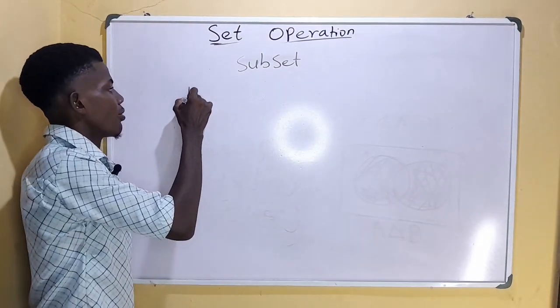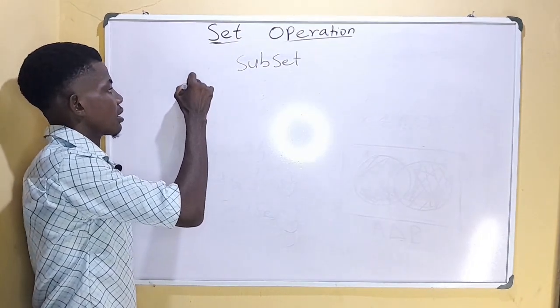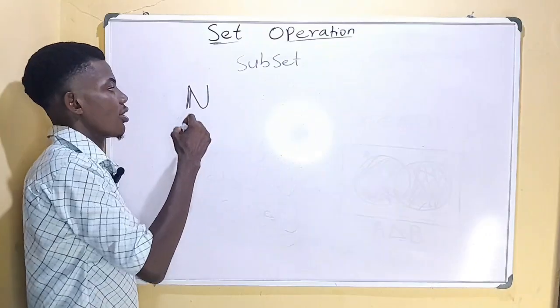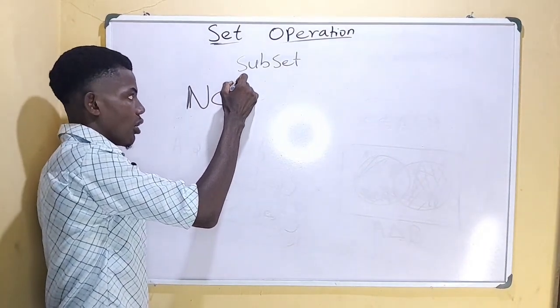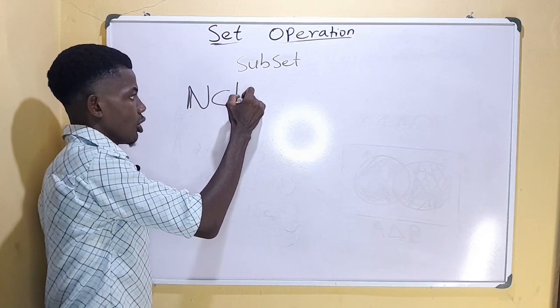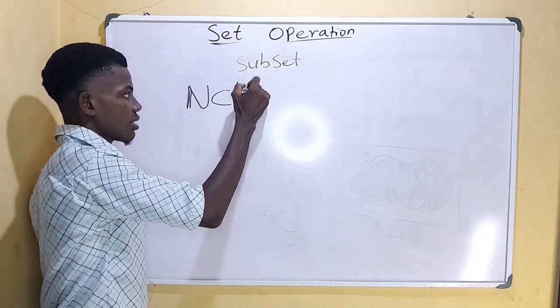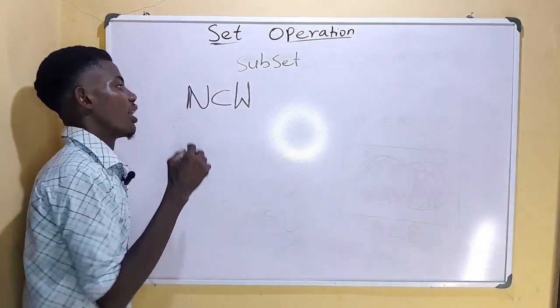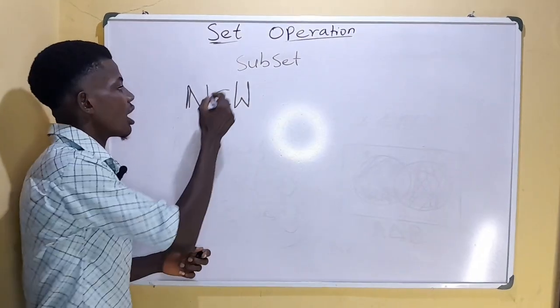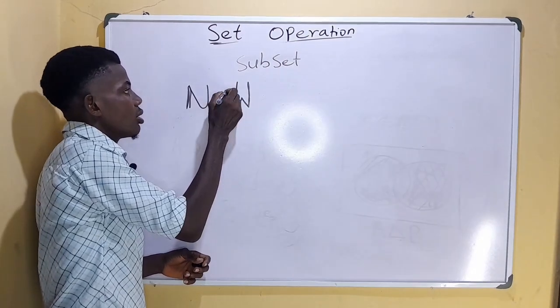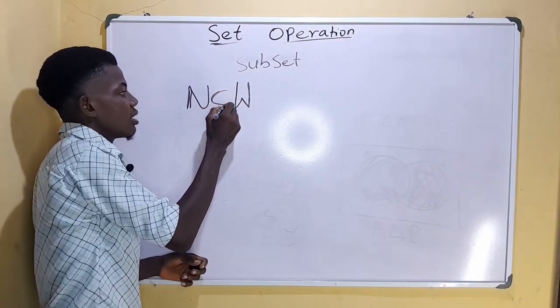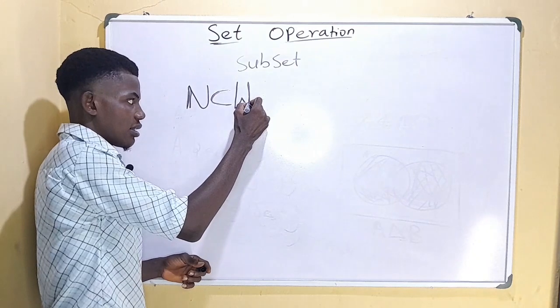The natural numbers are a subset of the whole numbers. Remember that all the numbers in natural numbers, starting from 1 to positive infinity, are all whole numbers.